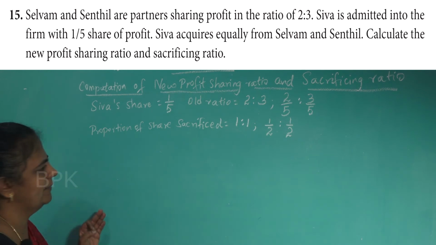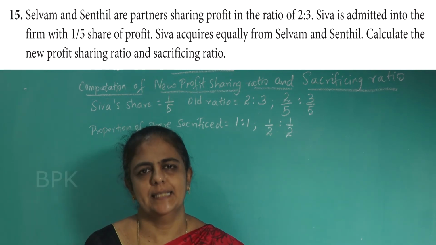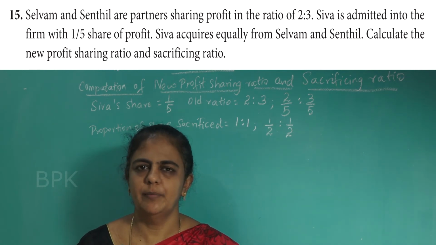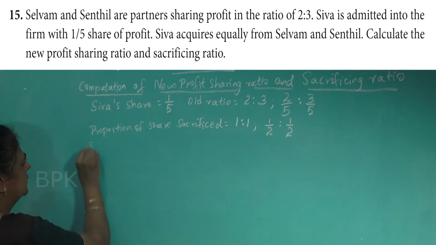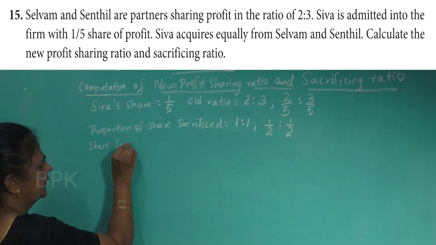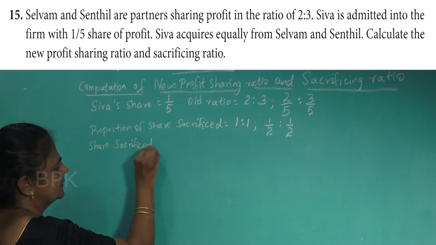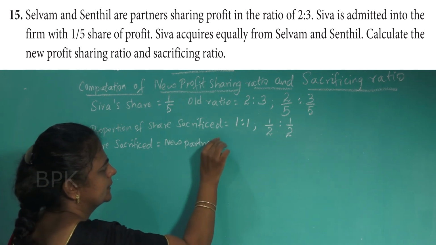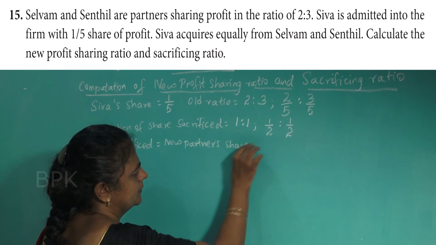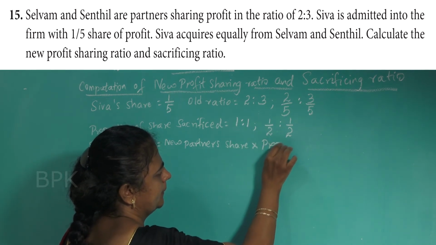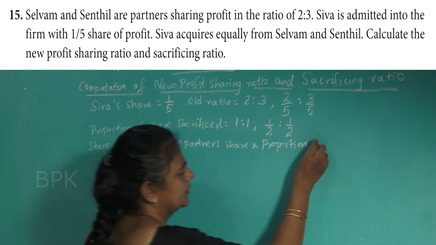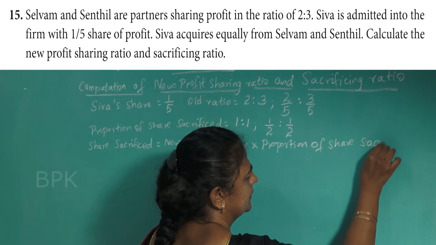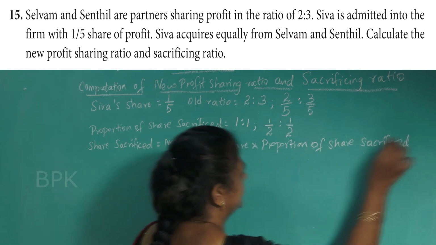Now what you have to find out? You have to find out the share sacrificed. What is the formula for share sacrificed? As in the previous sum, share sacrificed is equal to new partner's share into proportion of share sacrificed.